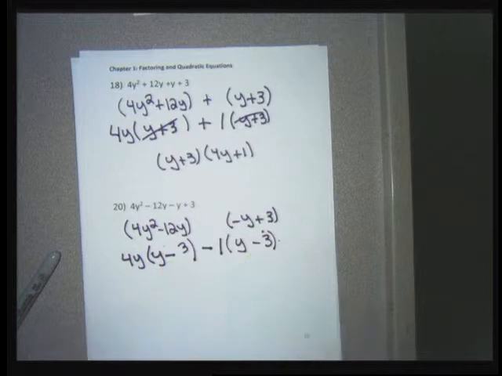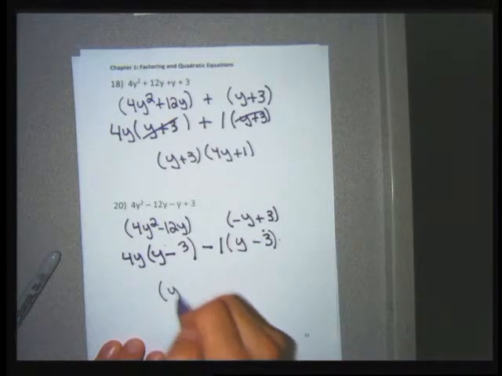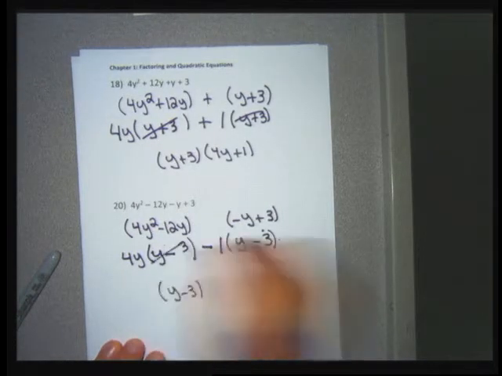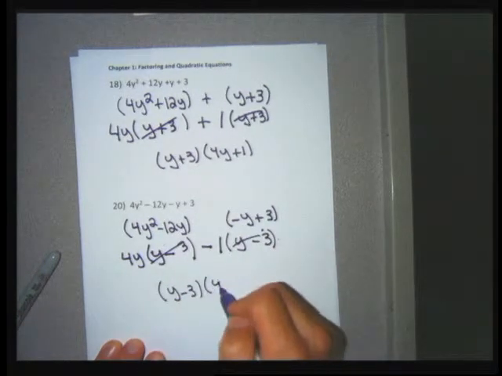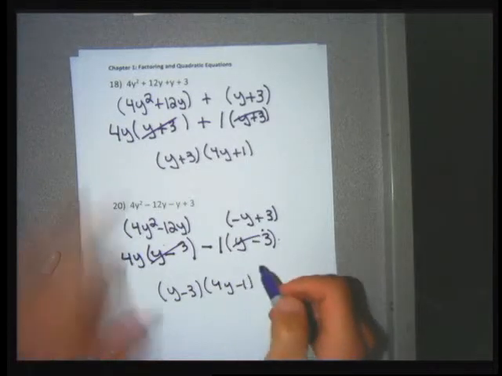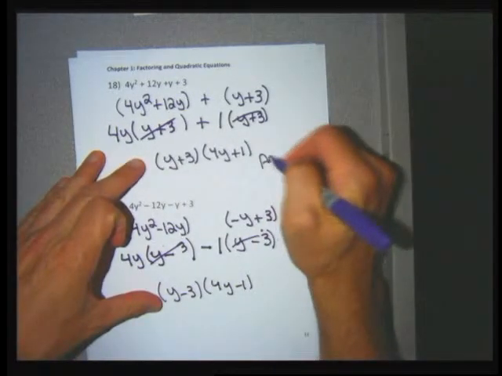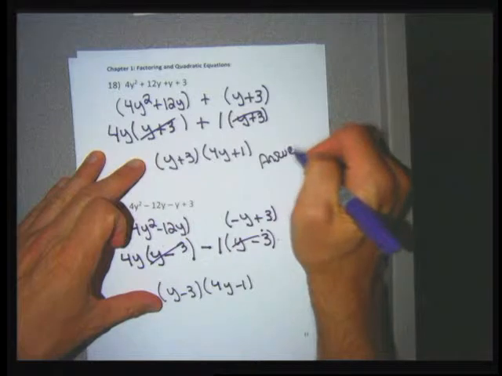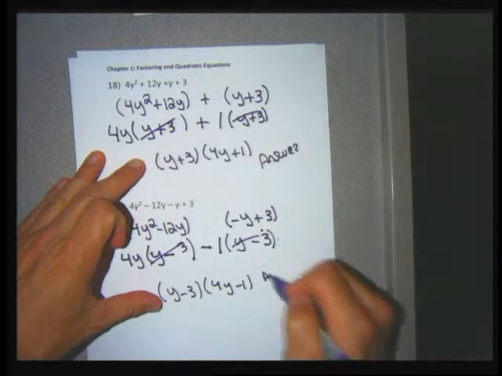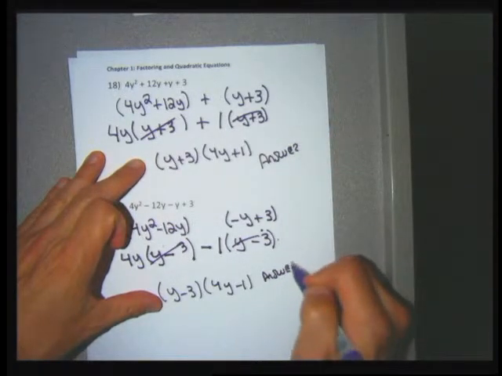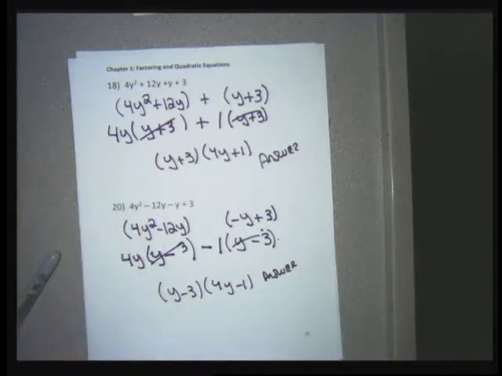If at any of these problems you don't get the parentheses to match up, then you've done something wrong. So now I'm going to factor out the y minus 3 that they have in common, and I'm left with a 4y minus 1. You look at my answers again, they're essentially the same, except the signs are messed up a little bit. The only thing different in the problem is the signs.